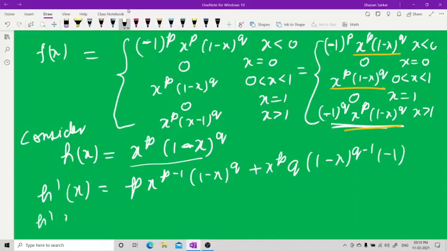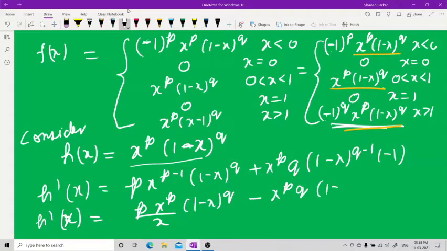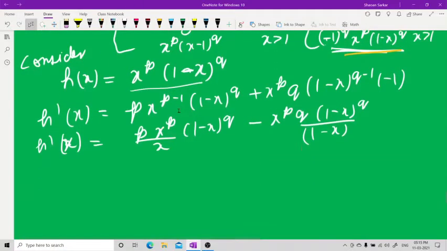So h'(x) is, you can do one thing, you can write like this. See, p x^p upon x times (1 - x)^q, then minus x^p q (1 - x)^q upon (1 - x). You can write like this, no problem here.